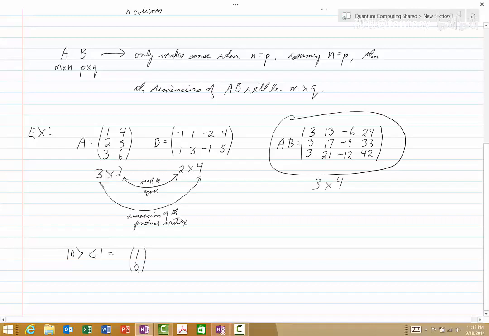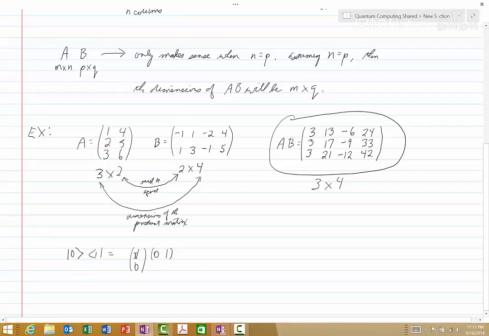We have the column vector 1 0 corresponding to the ket 0, and now this is the bra 1. Since the ket 1 corresponds to the column vector 0 1, the bra 1 will represent the row vector 0 1.